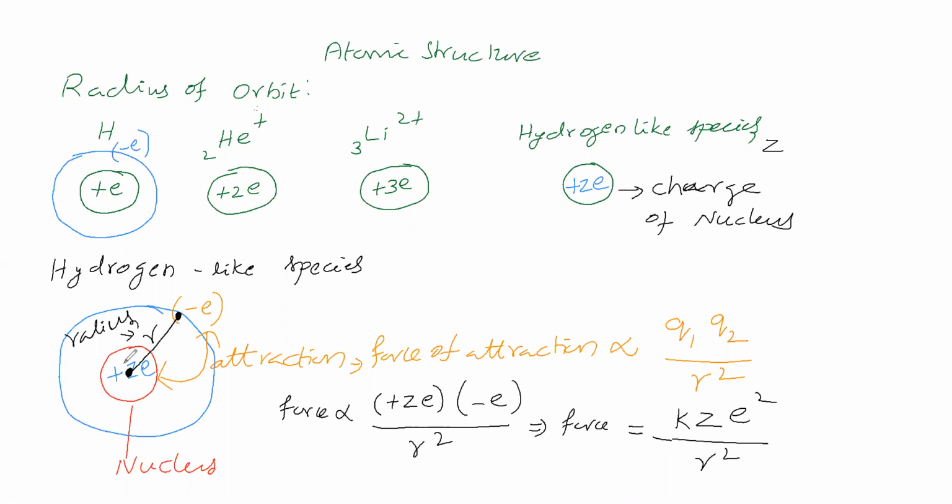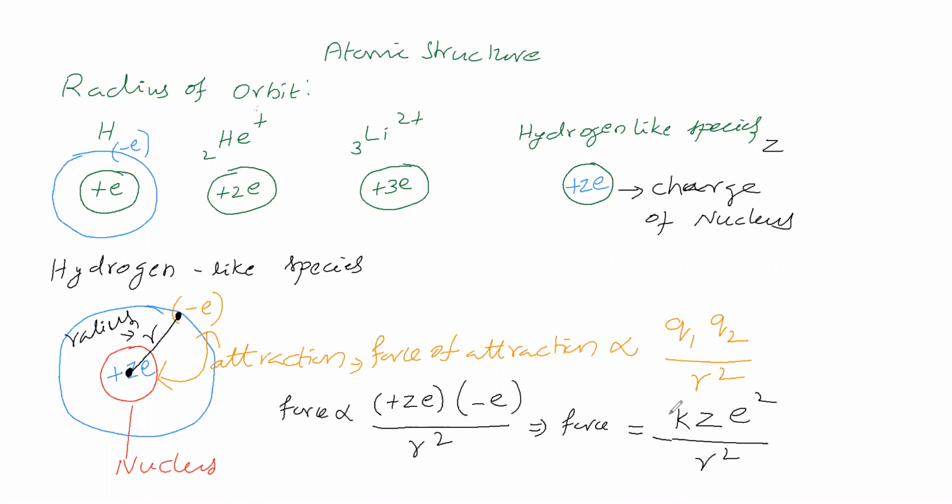Now, centripetal force is called inward force. What is that inward force value? Centripetal force is inward force. Now, what is the relation for this force? Minus k z e square by r square.